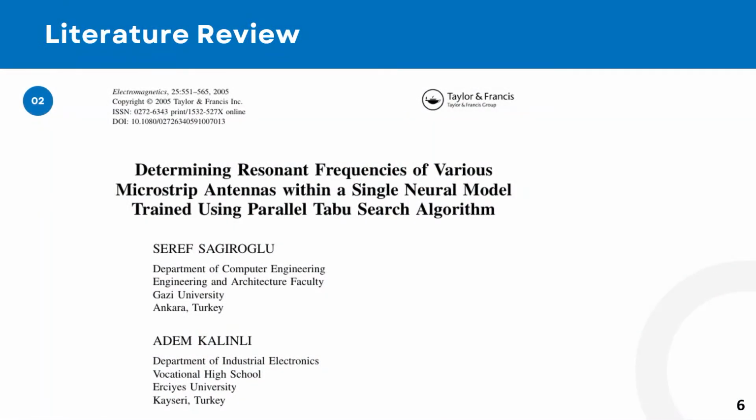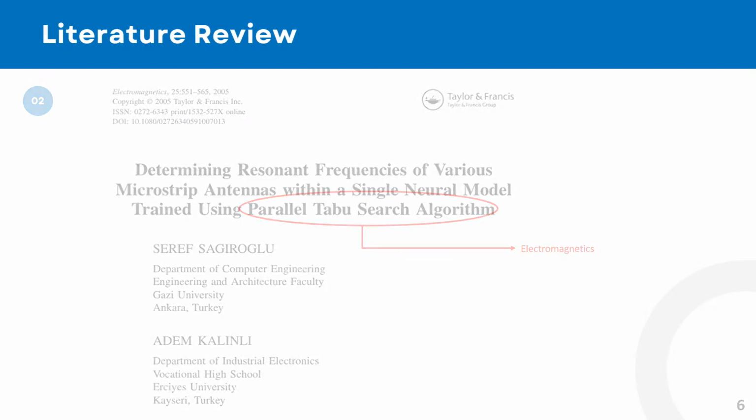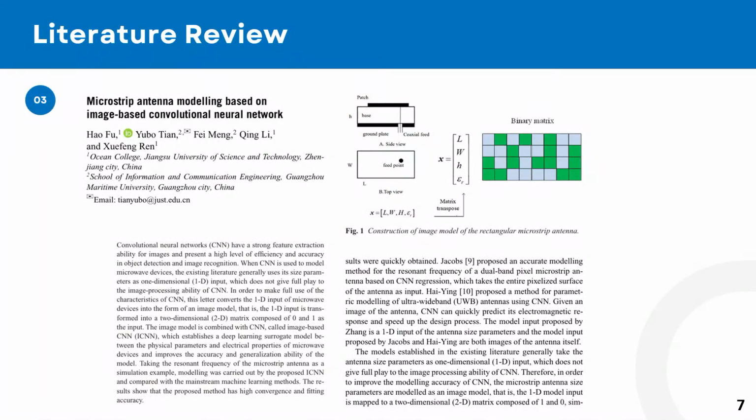Then another paper we have taken into consideration used the PTS algorithm, another machine learning algorithm, and then another paper where they used a convolutional neural network, but they applied the parameters as a binary matrix to that convolutional neural network. So we are going to compare our work with all these papers.